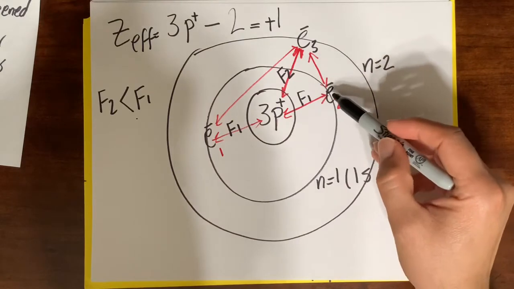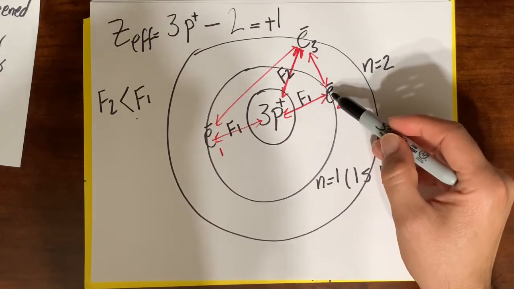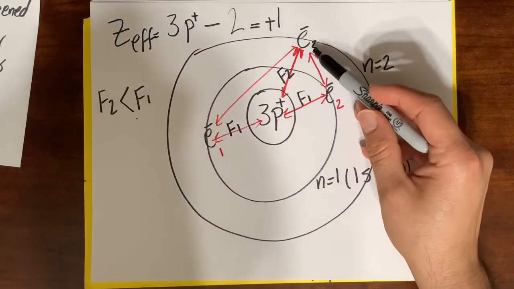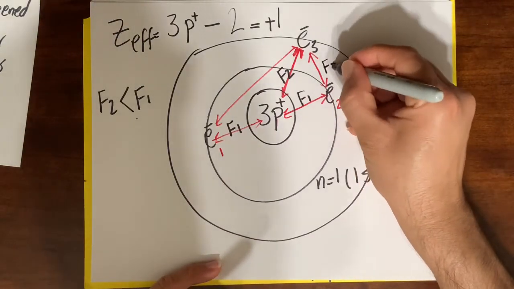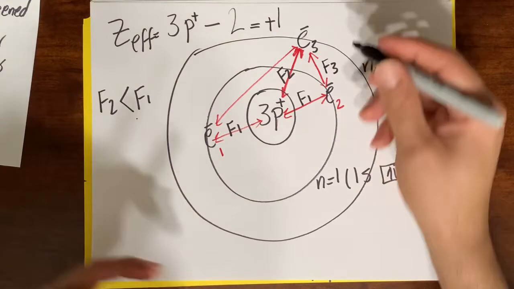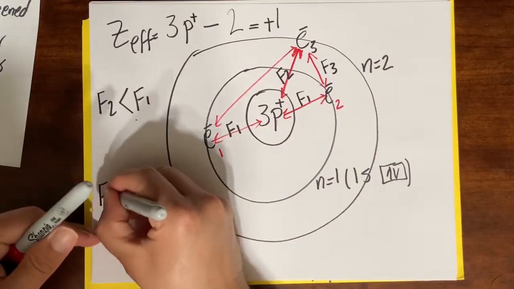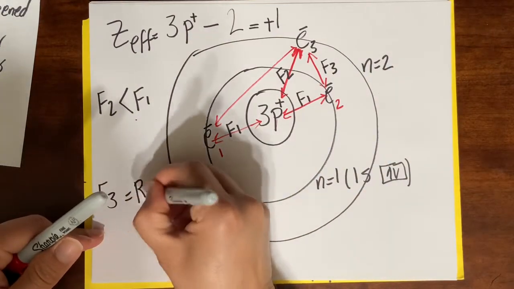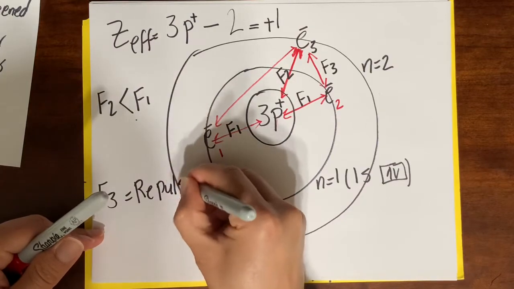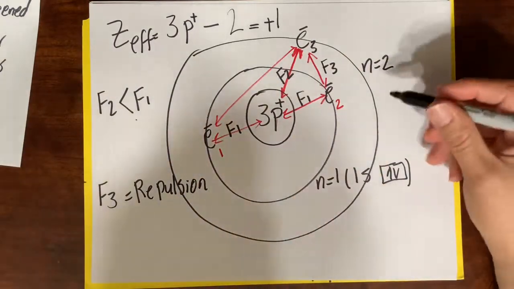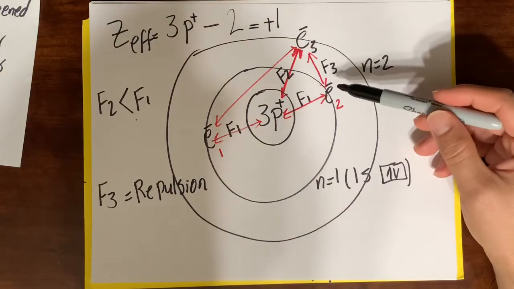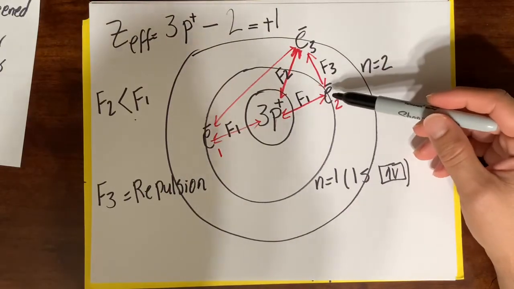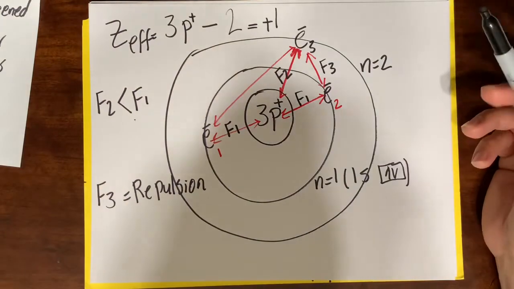But the inner electron can see the outer one and it will repel it. This is repulsion. If you call it F3, F3 is repulsion. So we have interaction between two electrons, and that's a repulsion force.